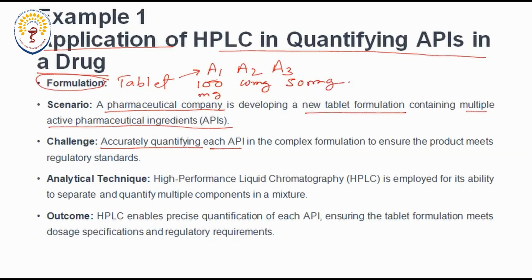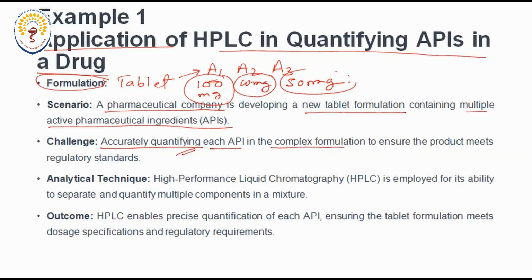Let us assume that while manufacturing, we have taken these quantities. Now when the tablet has been formed, we want to check whether a single tablet contains 100 mg of A1, 10 mg of A2 and 50 mg of A3 or not. So we will check the quantity of each in the sample. So we will accurately quantify.